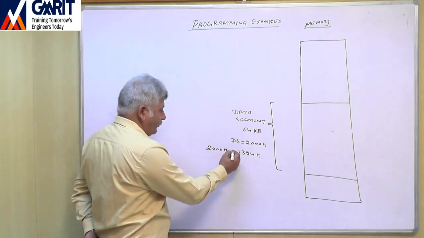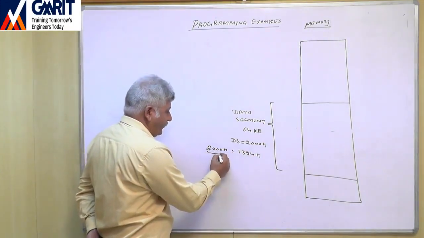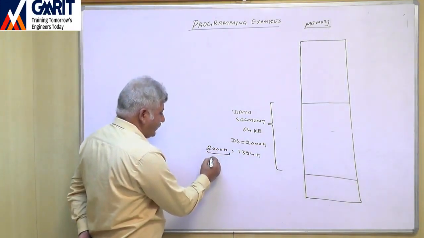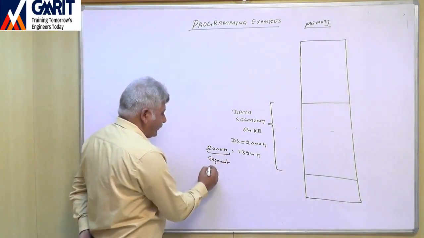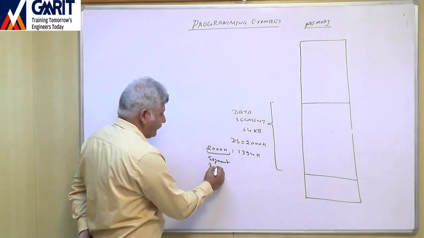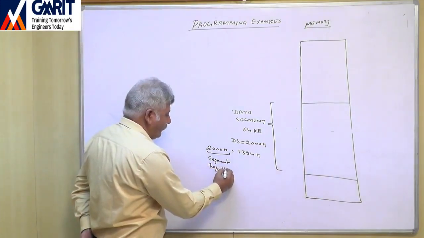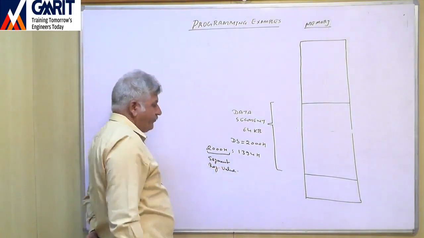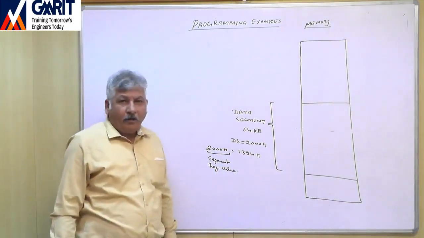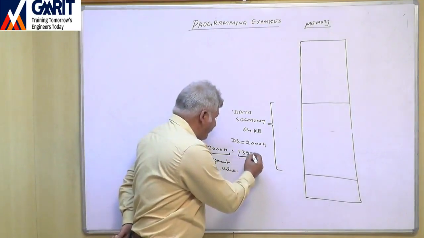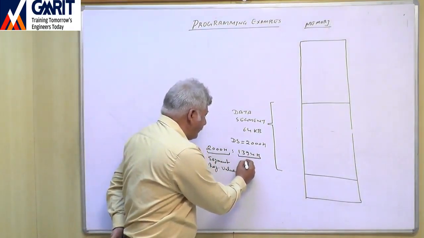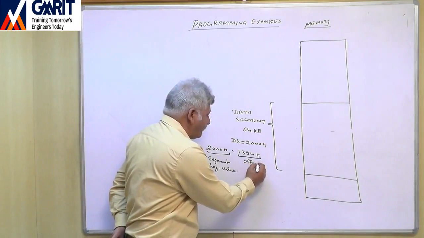Whatever we write before the colon is the segment register value, and whatever we write after the colon is our offset address.